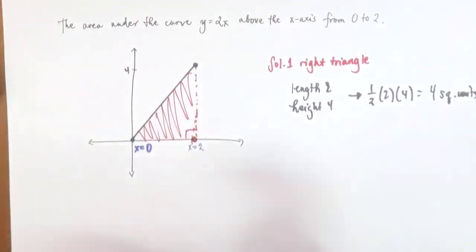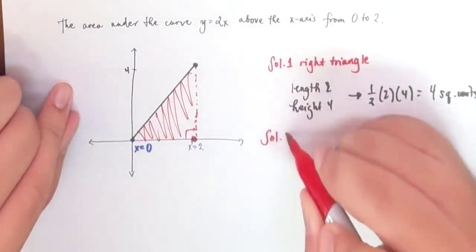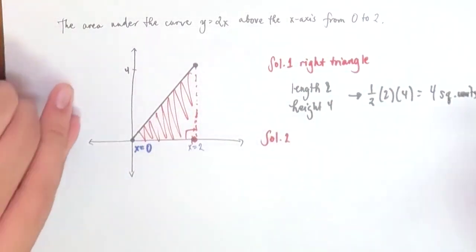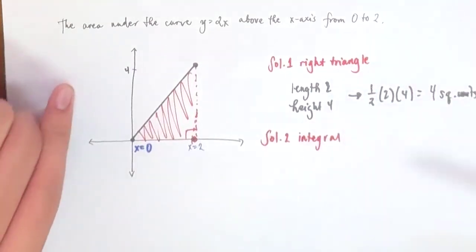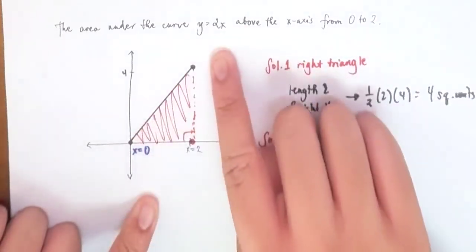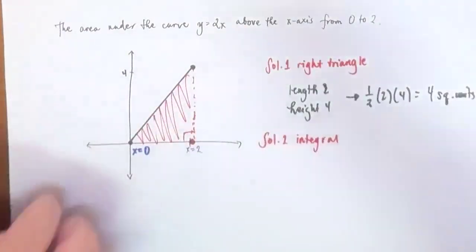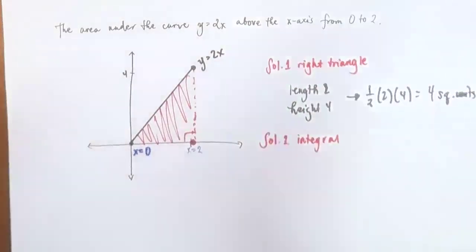But we know some integral calculus. So what can we do instead? Well, let's set up the integral. What we want is to find the area under this curve, which is y equals 2x, from 0 to 2.